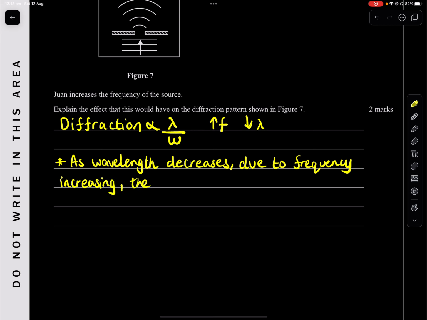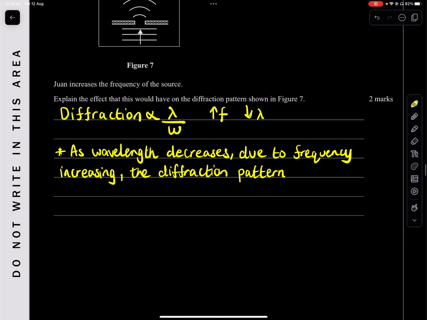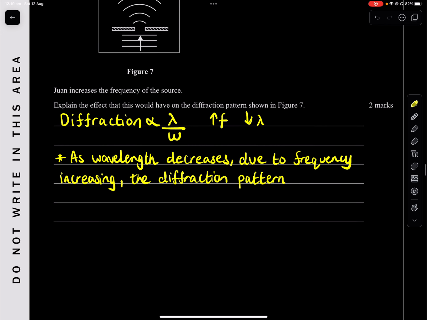the diffraction pattern width decreases.